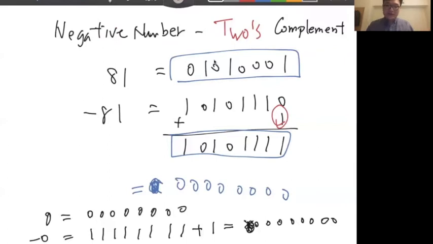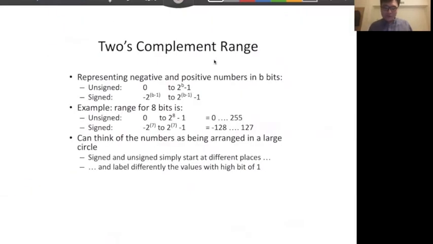Okay, so this is two's complement. We usually use two's complement to implement negative numbers in binary. If you look at the range of two's complement, if it's unsigned, it's always positive. You can represent 0 to 255, 256 numbers.